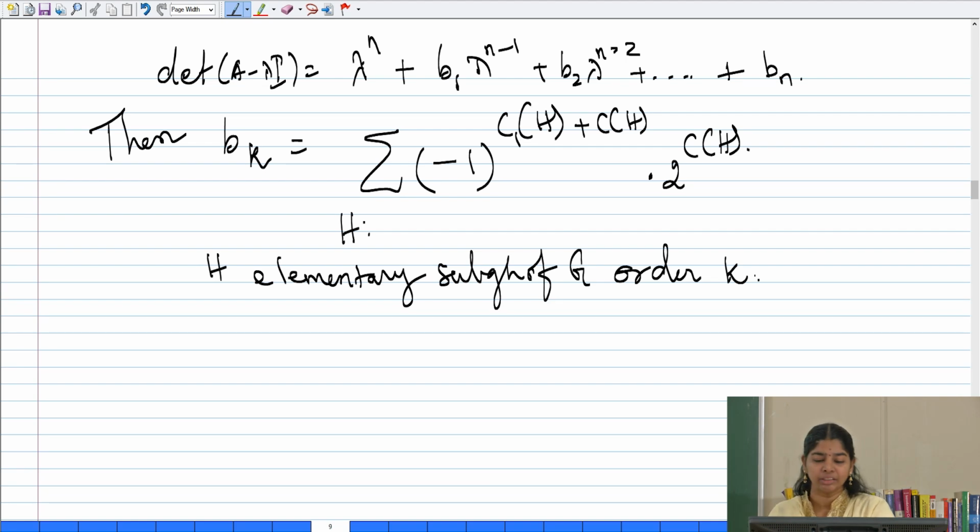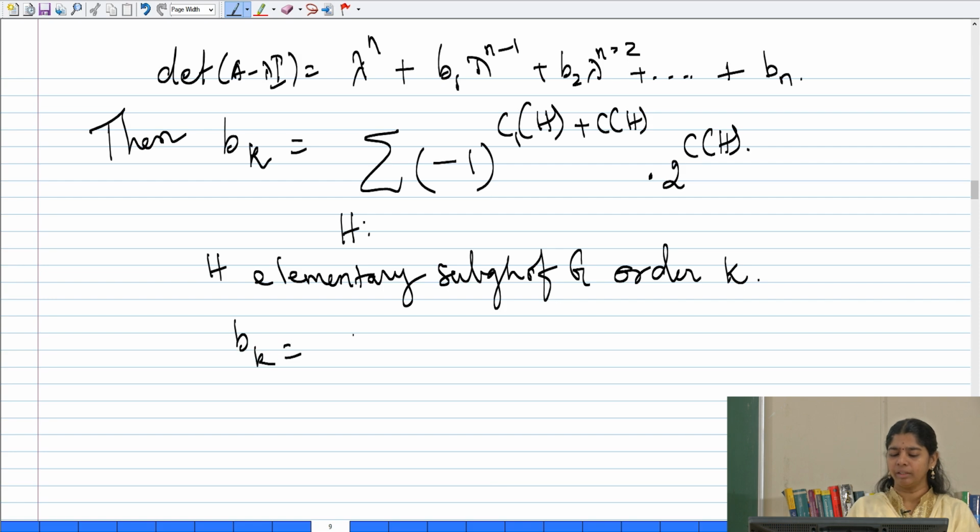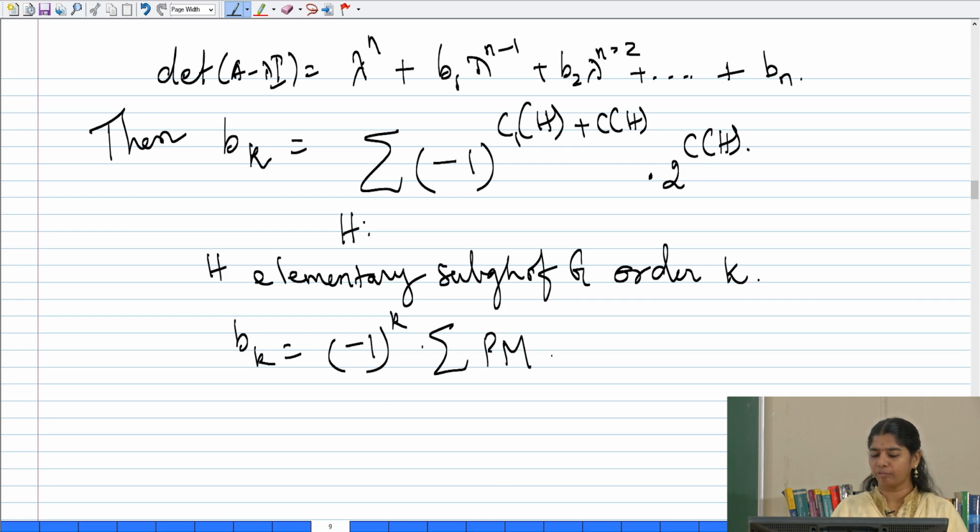Okay, think of this. If I look at the principal minors of order k, if we try to prove this, how will we write the representation for any bk term? The bk term was nothing but minus 1 to the power of k into the sum of all principal minors of order k, right.